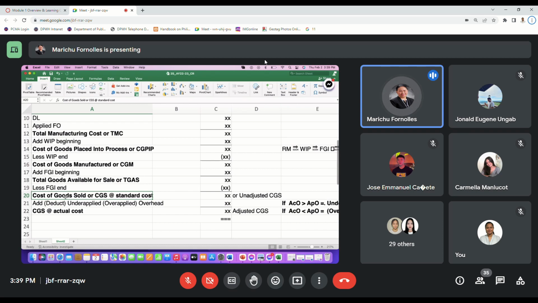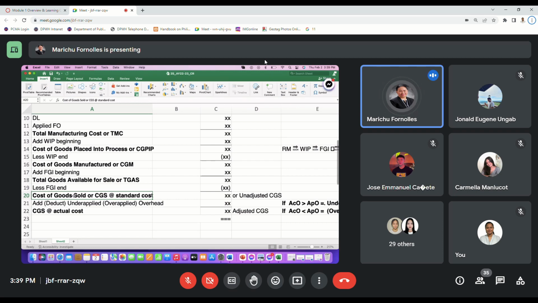For interim reporting, when we say interim reporting, that is reporting at less than 12 months. So reporting for the quarter, reporting for the semi-annual period, or every after 6 months, that's interim reporting. Reporting for a period less than 1 year. So for interim reporting, you need not adjust yet your cost of goods sold.